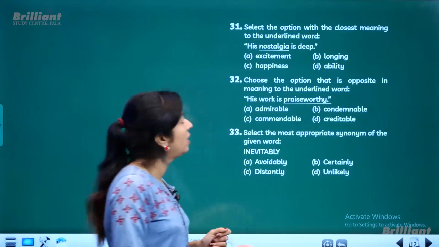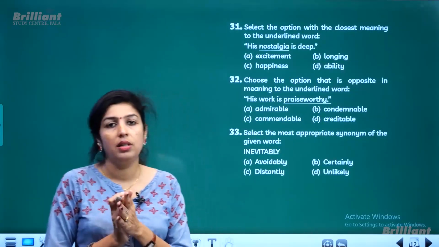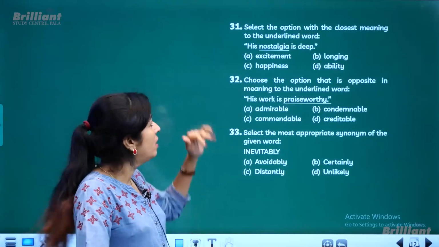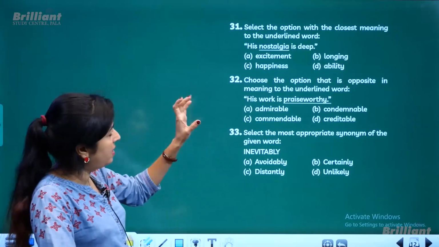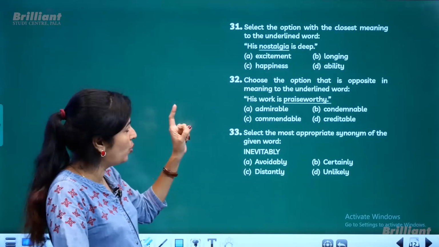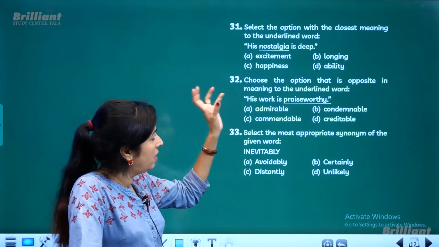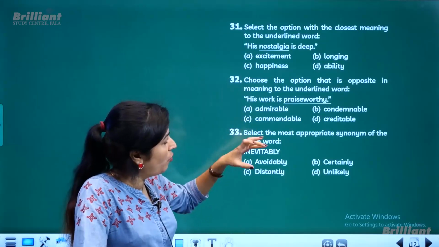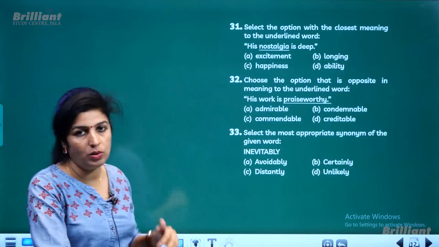So with that, we come to the next section, that is grammar and vocabulary based questions. Okay. So the 31st question, where we have a sentence and in that sentence, one of the words has been underlined. And which word from the following could be taken as closest in meaning to the underlined one.